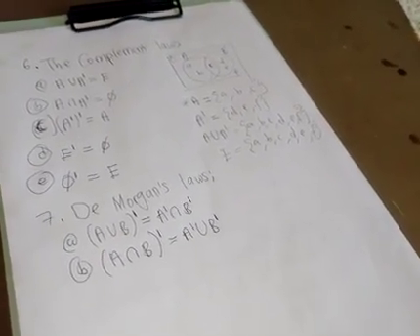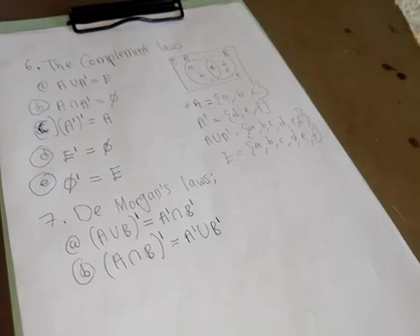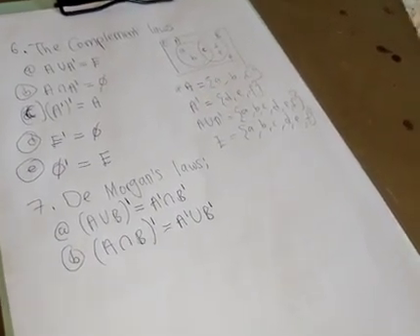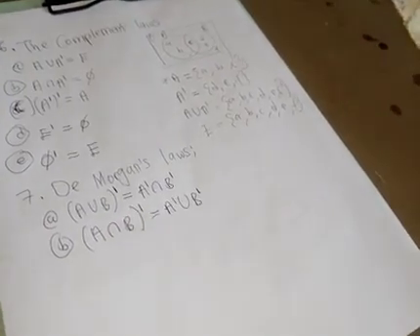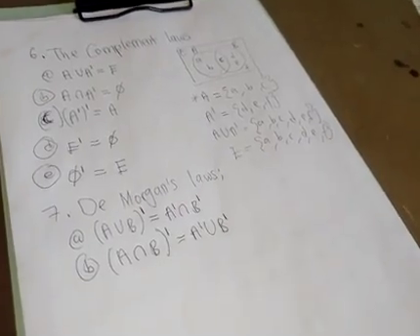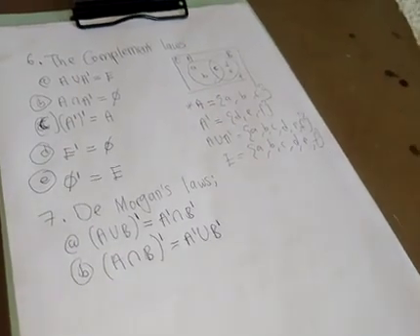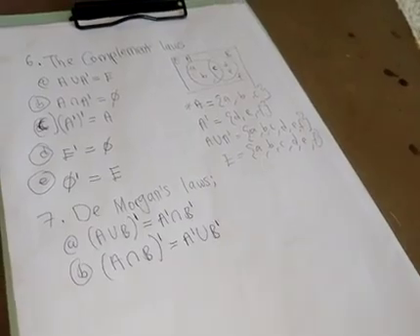In the next video we'll first prove these De Morgan's laws. When you prove De Morgan's laws, we'll see any other laws we are supposed to prove and solve more questions. For now, make sure you practice and master these set laws. Okay, so that's it for this video. See you in the next video.